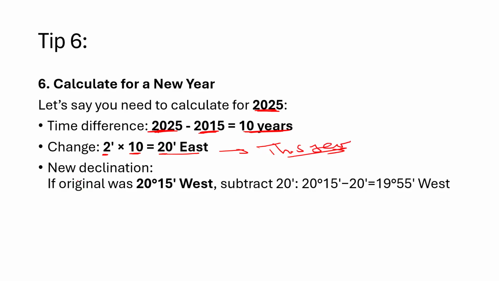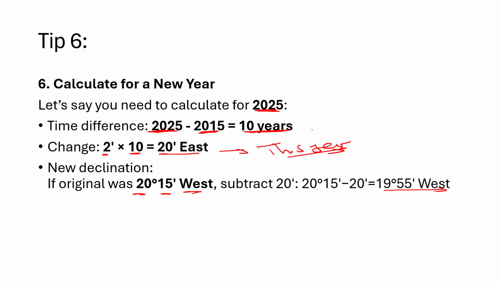So the new declination: if originally it was 20 degrees 15 minutes towards the west, you're going to subtract the 20 minutes, and you find 19 degrees 55 minutes.